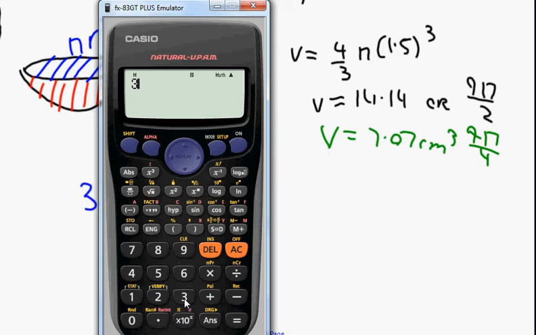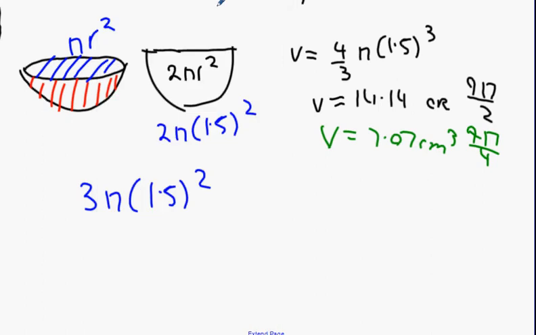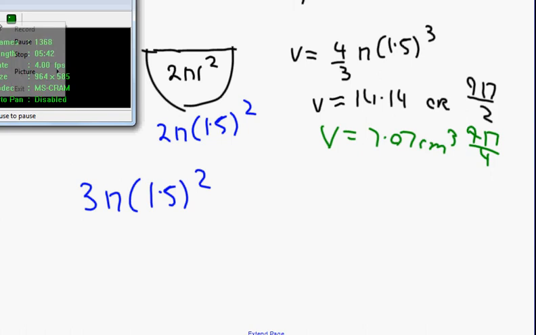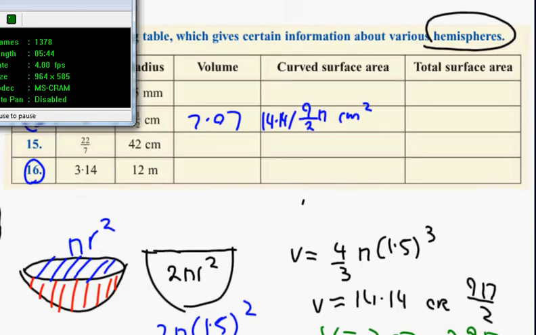So 3 pi r squared, 27 over 4 pi, otherwise known as 21.2. Everybody happy enough with that? Any questions thus far? We're good.